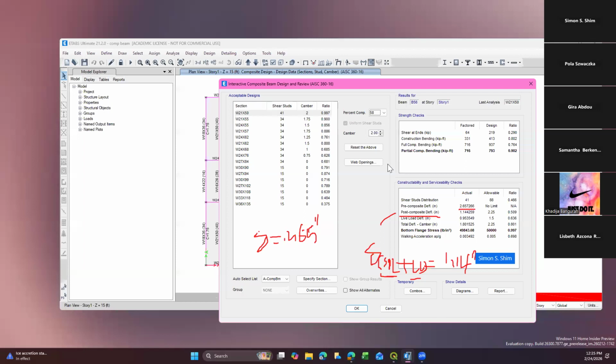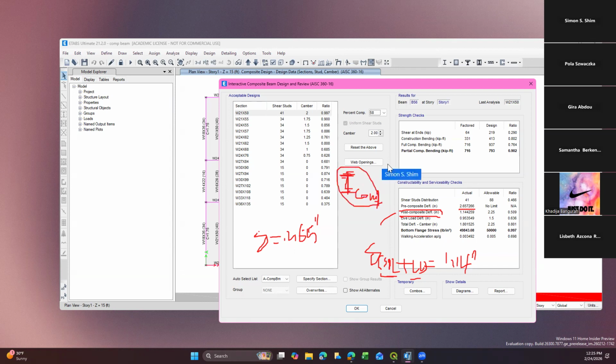Why is this small? Because after the concrete is fully cured, the I value is not bare steel, it's a composite moment of inertia, which is much higher.